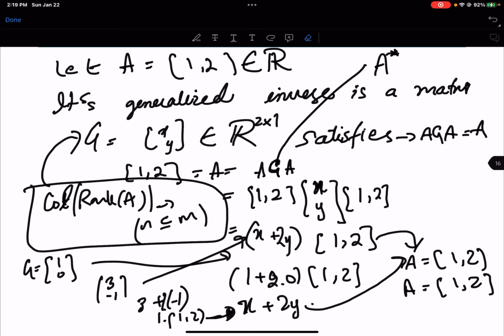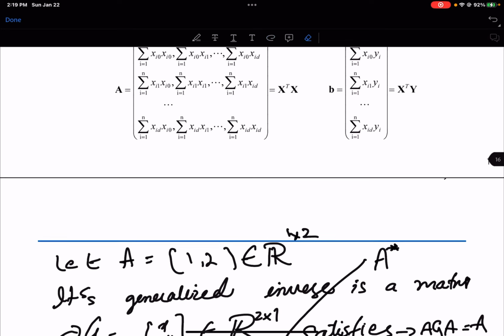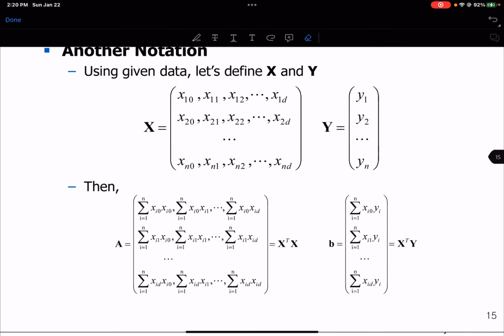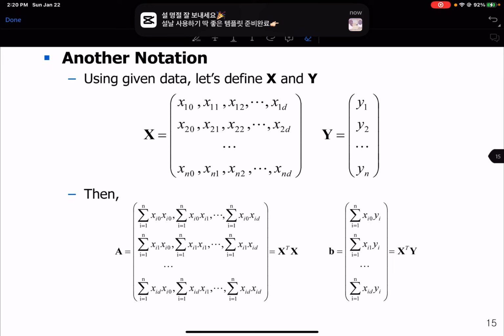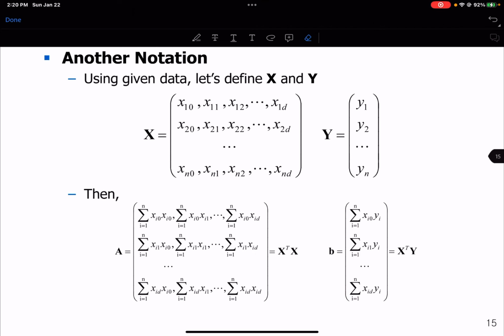So one matrix could have more than one generalized inverse. This is the concept of generalized inverse, and if you want to study further, you could study the content from linear algebra topics, and if it's still not clear, then we can discuss it further.